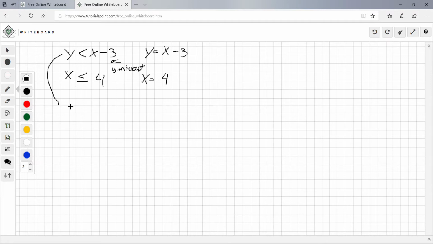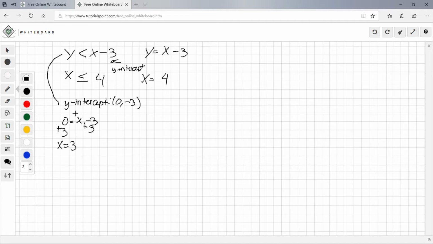So we know the y-intercept is 0, -3. And then to find the x-intercept, you set y to 0, so it's 0 equals x minus 3. Add 3 to both sides. So x equals 3.